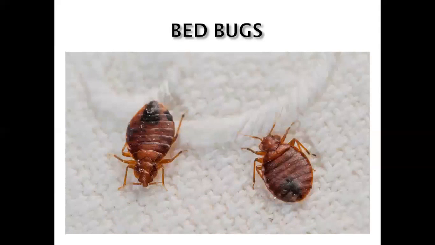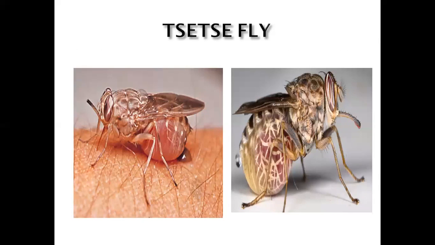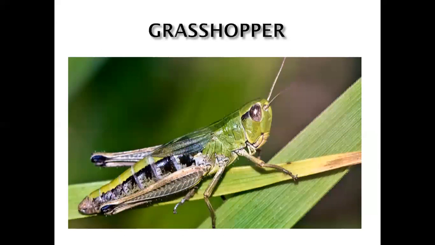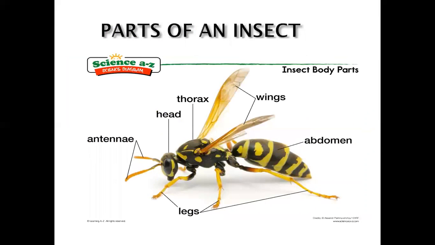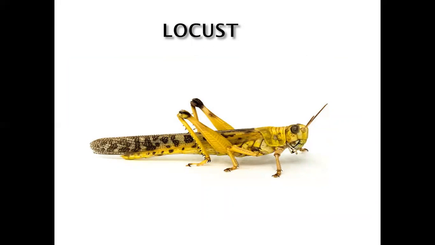And then bed bugs were also given as examples of insects. Tsetse fly is also an example of an insect. A grasshopper, a locust. And then we also gave an activity at the end of the lesson, which was done and marked.